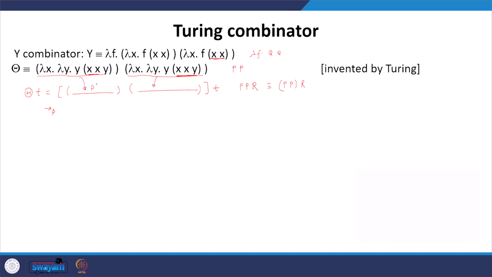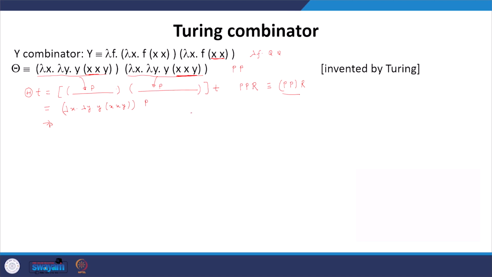This is our P, this is our P. PP evaluation means we have to do lambda x dot lambda y.